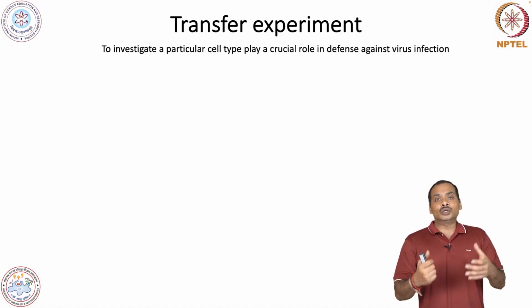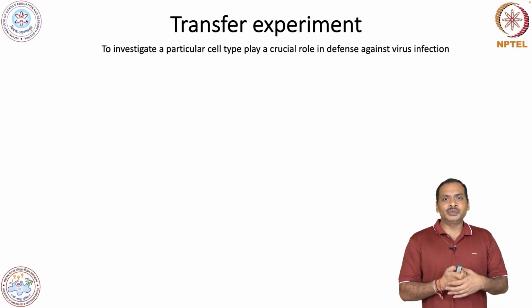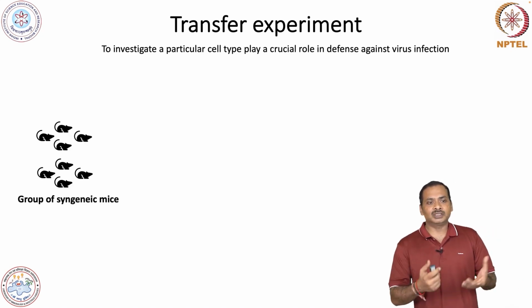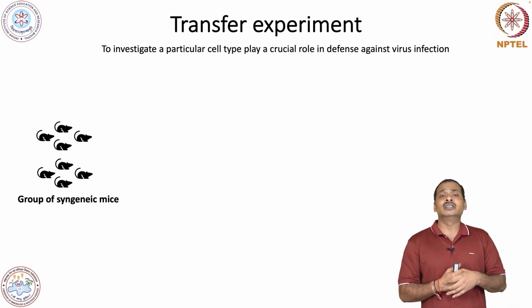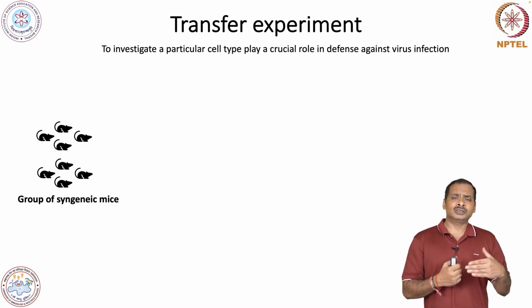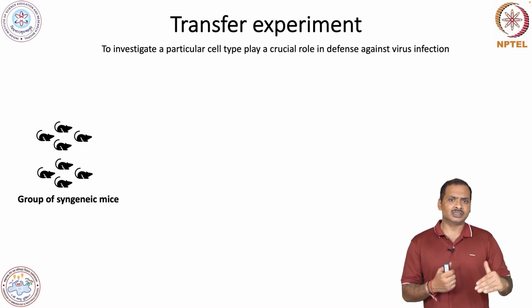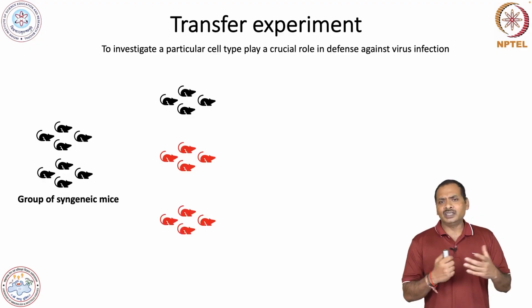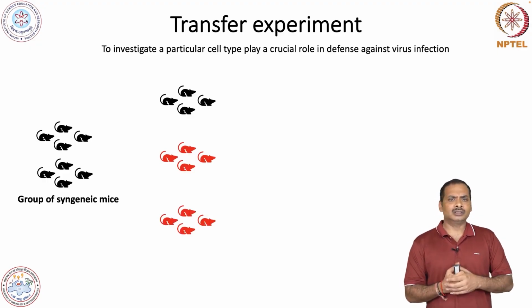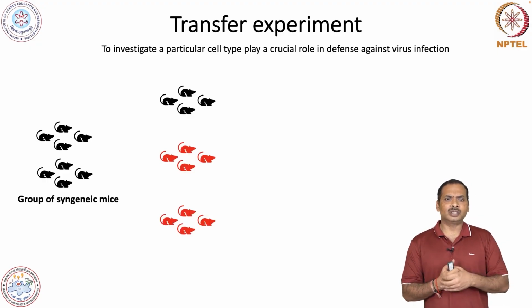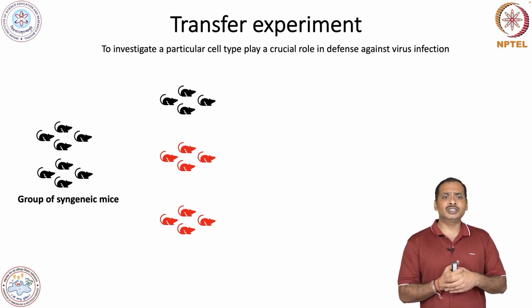So we can use this strategy. For example, this is a group of syngeneic mice, and in these syngeneic mice the genome will be consistent. You can divide these mice into several groups. Here I have made 3 groups.